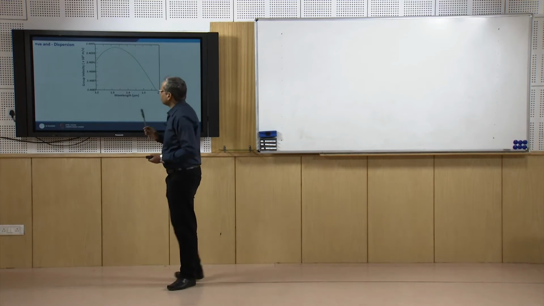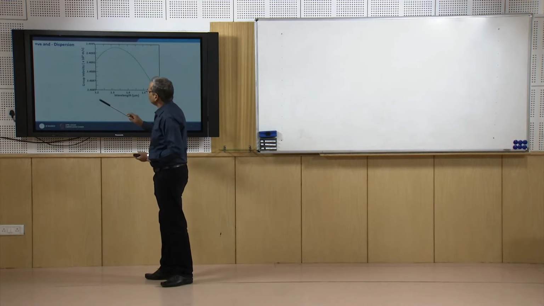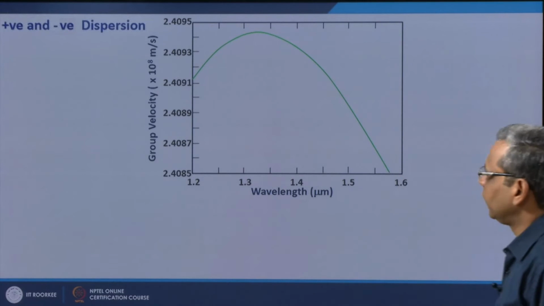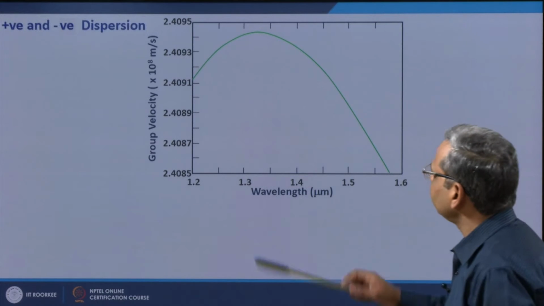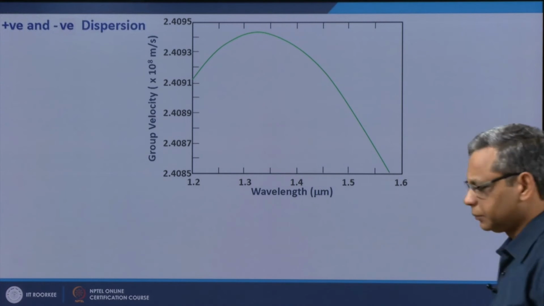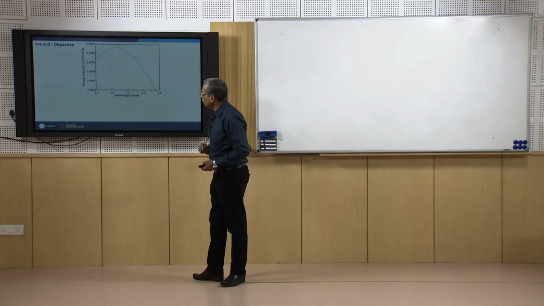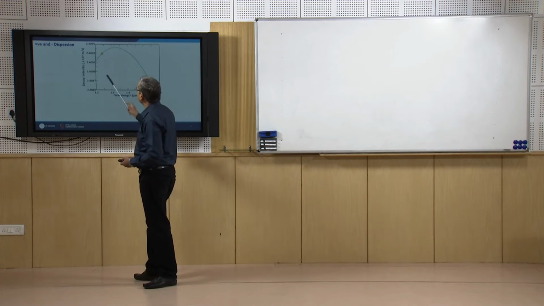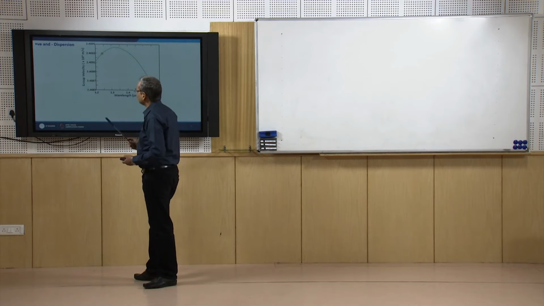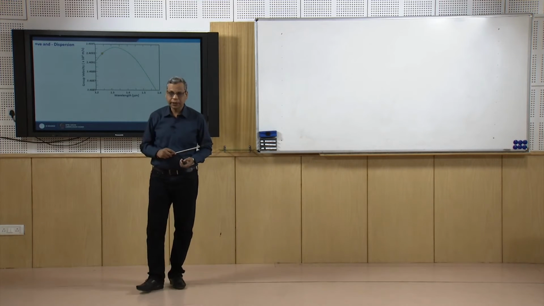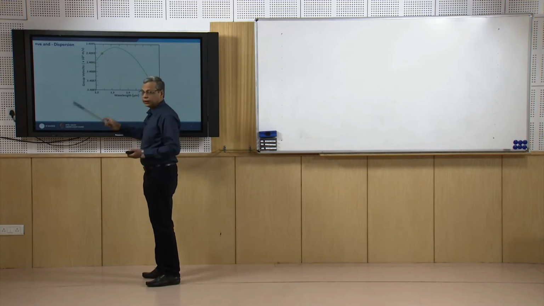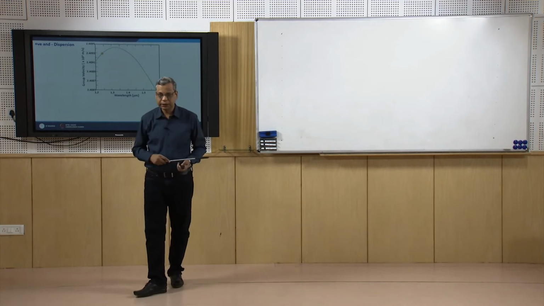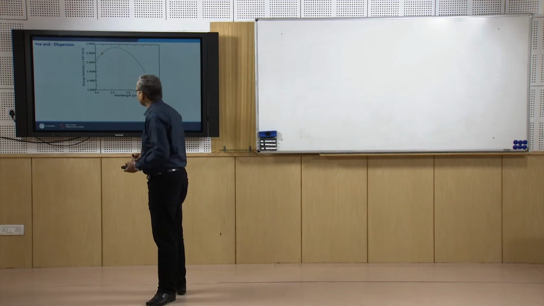If I plot group velocity as a function of wavelength for a typical silica glass step index fiber, it goes like this. Now, let me pick up a point somewhere here, which is less than 1.3 micrometer wavelength. I have just seen that at this wavelength the dispersion is negative.